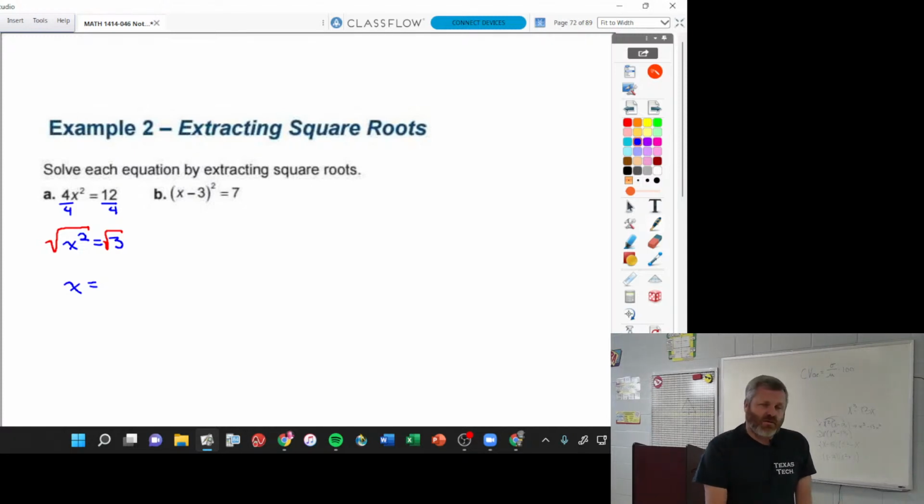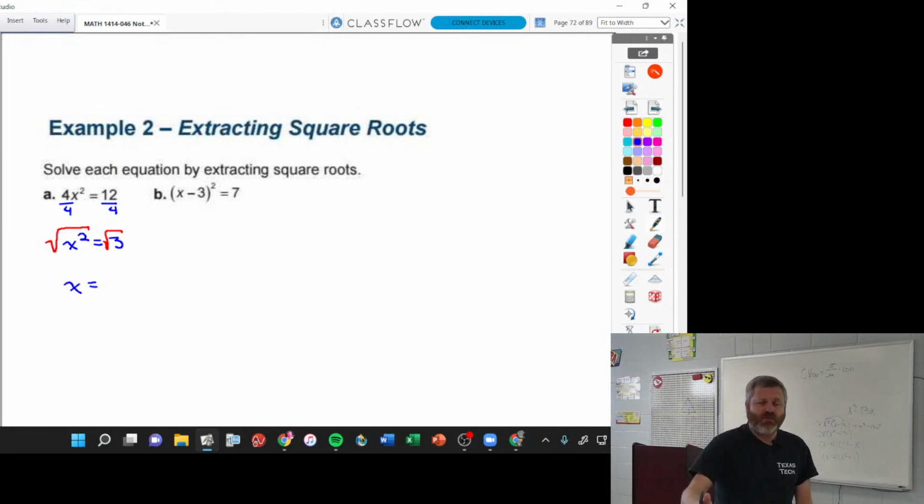Well, if the square root of 3 is only the square root of 3, then how do I get 2 solutions out of that? Well, the answer is we have to think about the fact that whatever the square root of 3 is, 1.7 something, that 1.7 something times 1.7 something is going to get you the 3.